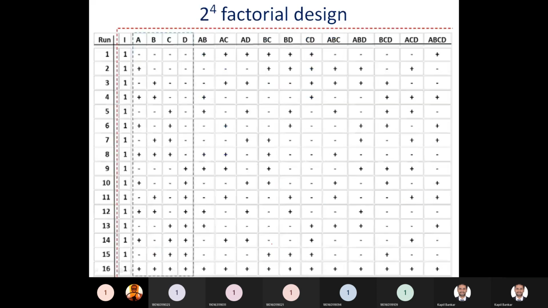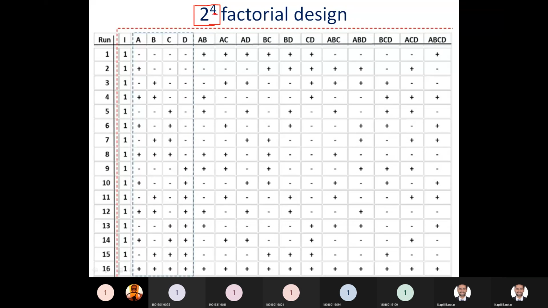Now, this is a 2 raised to 4 factorial design. 2 raised to 4 means 2 levels and 4 factors. Which 4 factors?